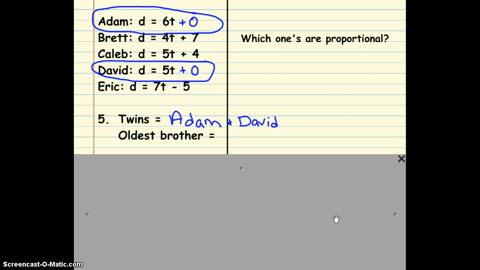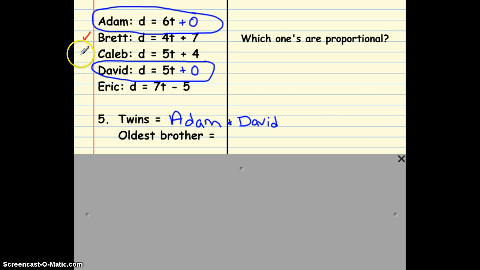All right, the other part of this question is to figure out who is the oldest brother. Going back to the paragraph, it says, their older brother began behind the starting line. So Brett, Caleb, and Eric are our 3 guys that are left. Which of those 3 began behind the starting line? If you said Brett, you are wrong.